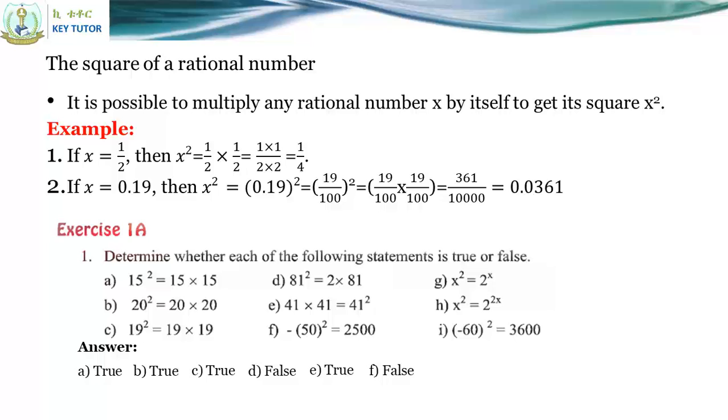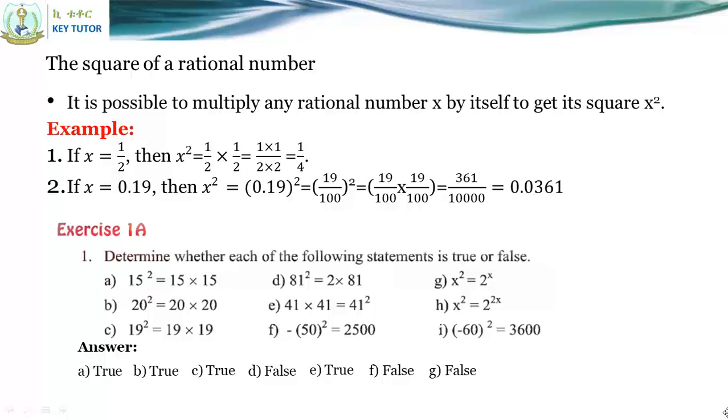But take several numbers, like if you take say 1 square is 1, but 2 times 1 is 2, so 1 is different from 2. One nullifying instance is enough when the statement is false. x square is equal to 2 raised to 2x, and now that's false.